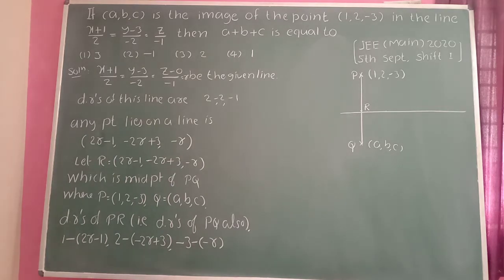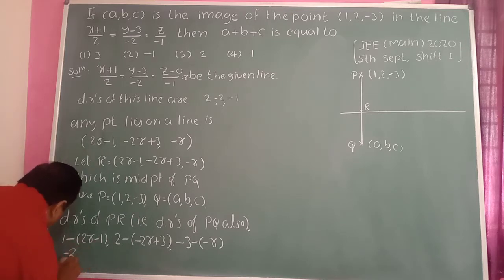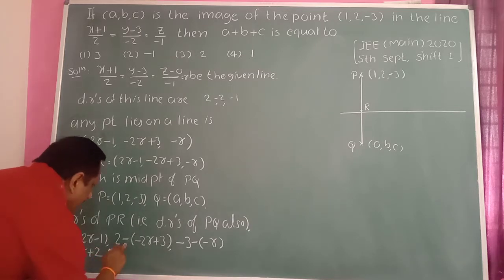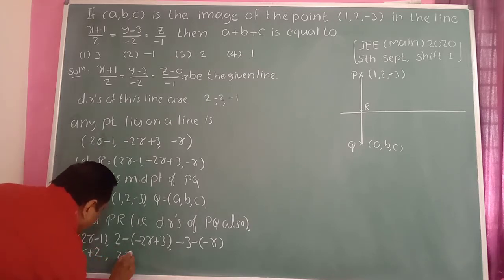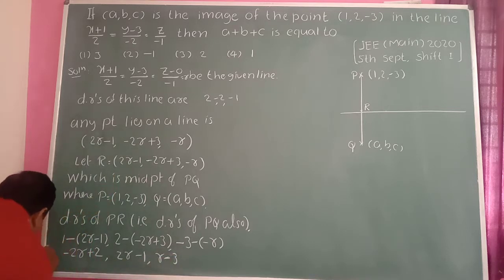Now simplify: minus 2r plus 2, then 2r minus 1, then r minus 3.